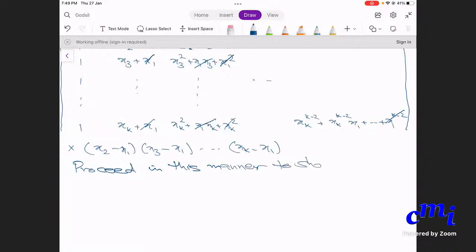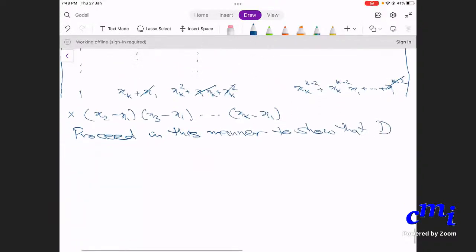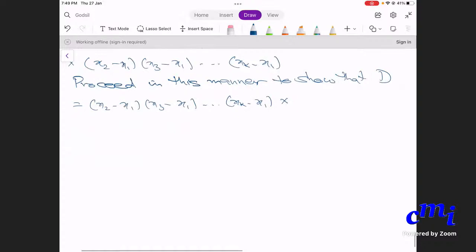Proceed in this manner to show that D equals x2 minus x1, x3 minus x1 up to xk minus x1 times the following determinant. And the following determinant is just a smaller Vandermonde.